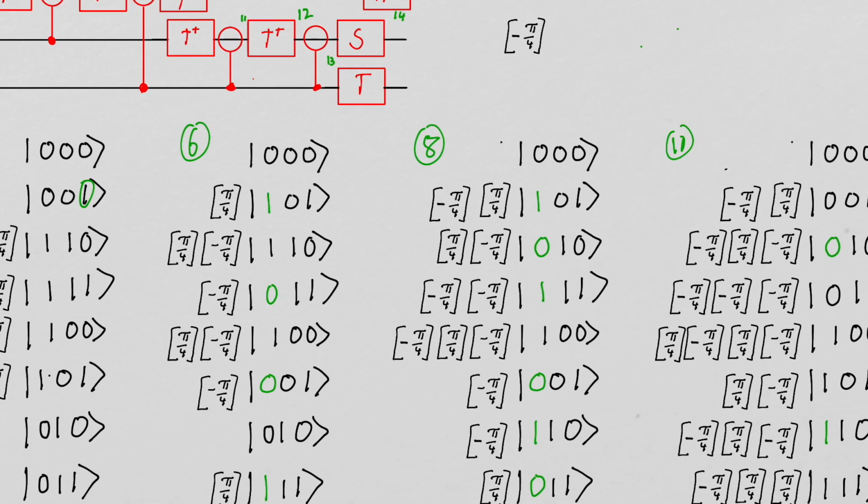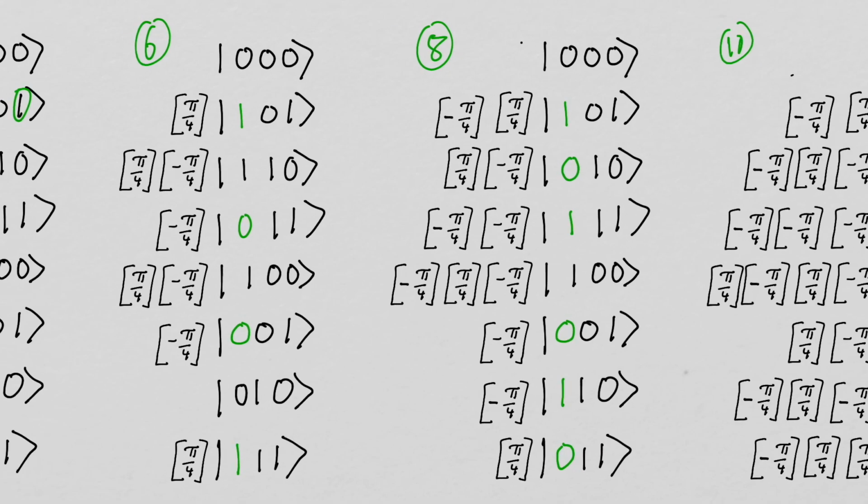So I pick up e to the minus i pi over 4 for this state because bit number 1 is in the 1 state. Bit number 1 is in the 1 state here. Pick it up here. This one already had 2, so I'm picking up yet another. So these two canceled each other out, and then I put it back on for this state. And for this state, again, minus pi over 4 comes out front. This state is left alone.